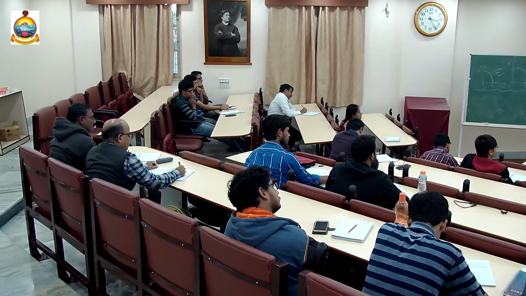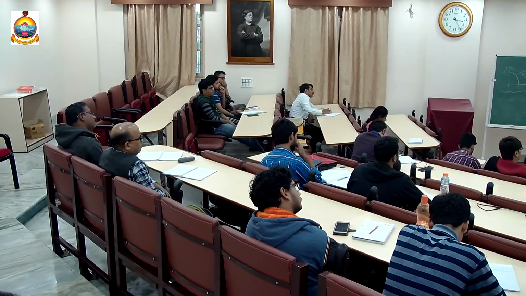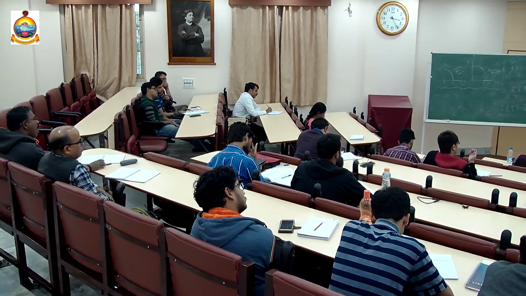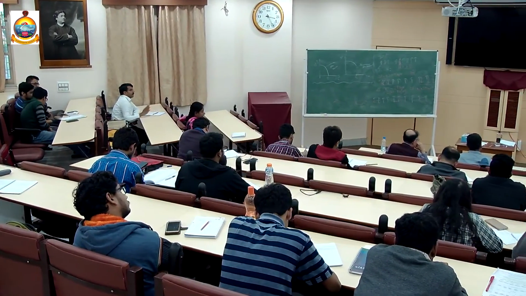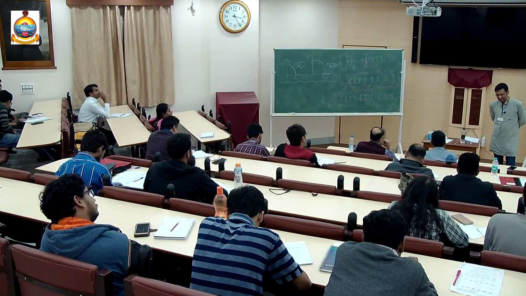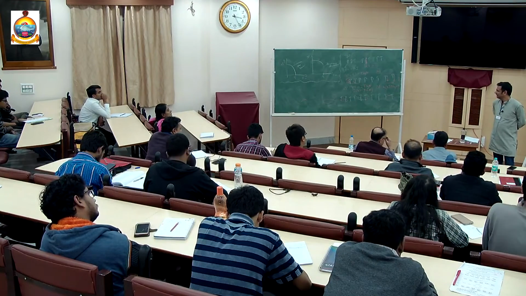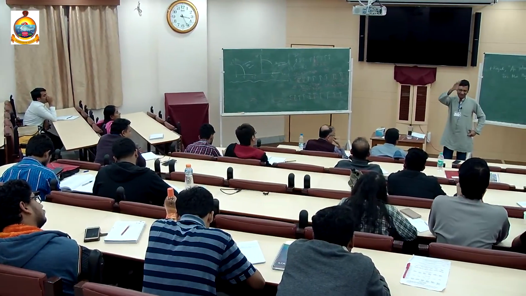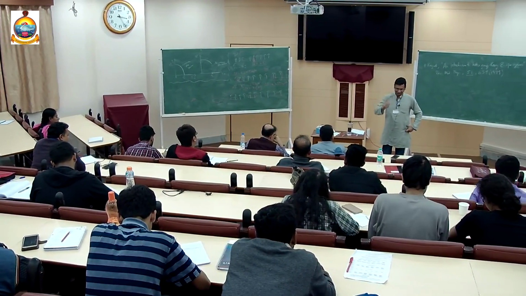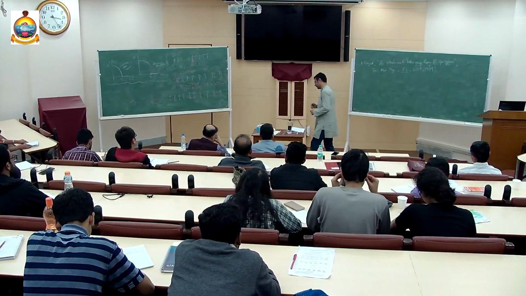So one of the gauge theories which you're already familiar with is electromagnetic theory. So without going into too much detail, one way of thinking about gauge theory is the following. You know that in electromagnetism you can write down the four Maxwell's laws.